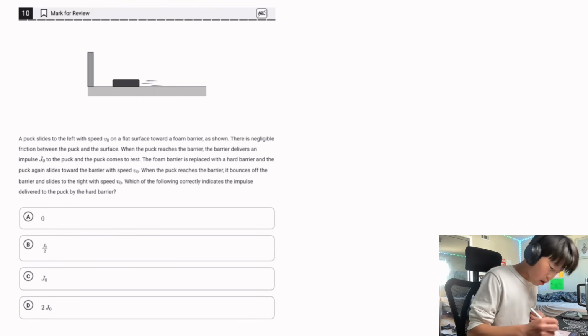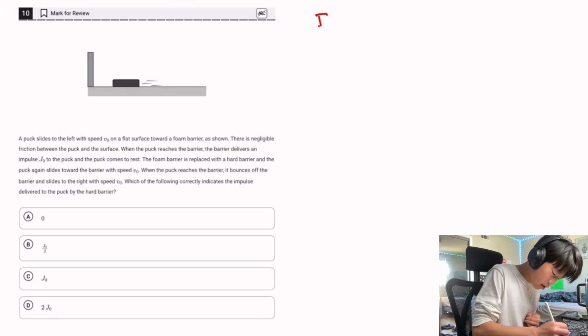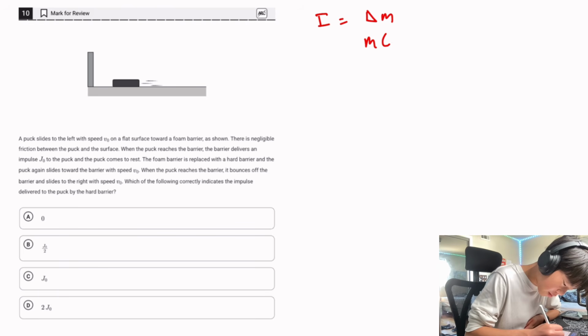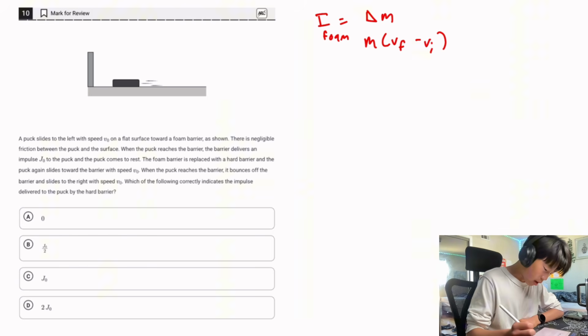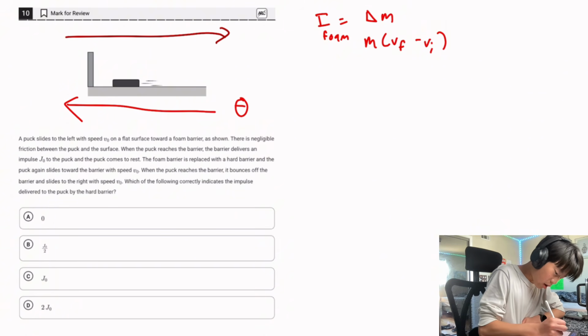Right. So for this next question, it's asking about impulse. Impulse, as we know, is equal to change in momentum, which is m times v final minus v initial. The first time, it's hitting a foam wall, so I'm going to write impulse of the foam wall. It's moving in the negative direction, so we're going to put this one as negative and this way as positive.